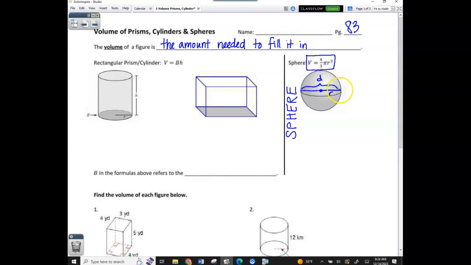What do you think is the relationship between the diameter and the radius? What type of ratio do they have in terms of size? If a diameter is 10, then the radius would be 5.